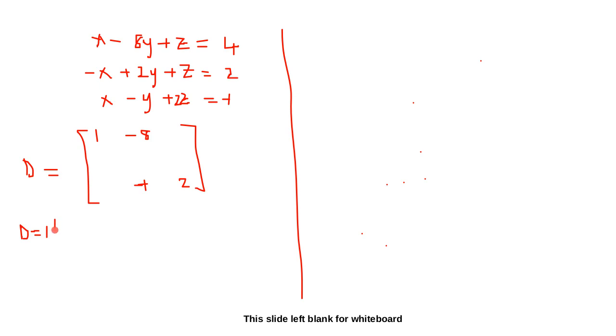Okay, we take 1 first. This one here, the first element. So we need to delete row 1 and column 1. So its minor will be 2, 1, 2, 1, negative 1, and then 2. Those are its minor.